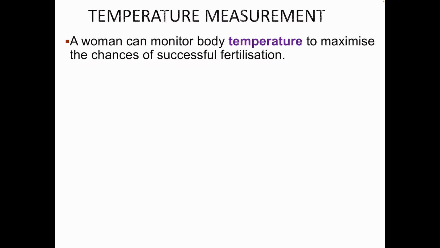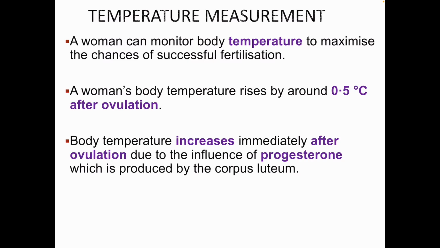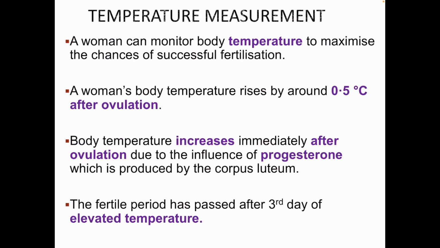If a couple are trying to work out the best time of the menstrual cycle to get pregnant, one of the things that they will do is that the woman will monitor her body temperature regularly to look for any changes. One of the key things to look out for is that following ovulation, a woman's body temperature will rise by about 0.5 degrees Celsius.